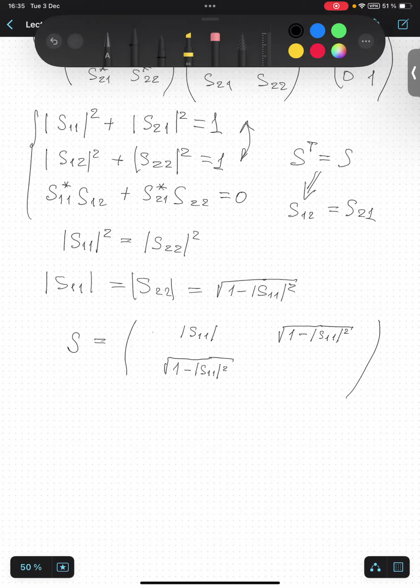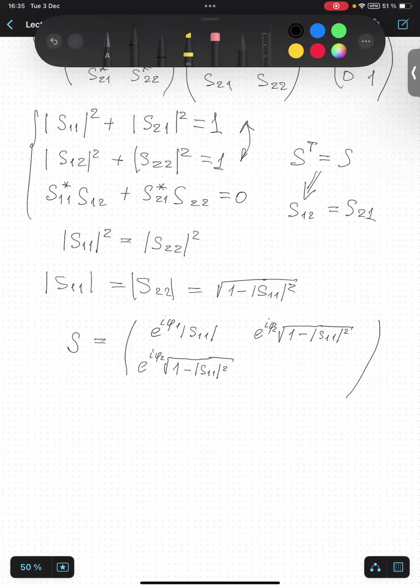So here I will write e^(i phi1), here e^(i phi2). Here's also e^(i phi2) because these components are equal.